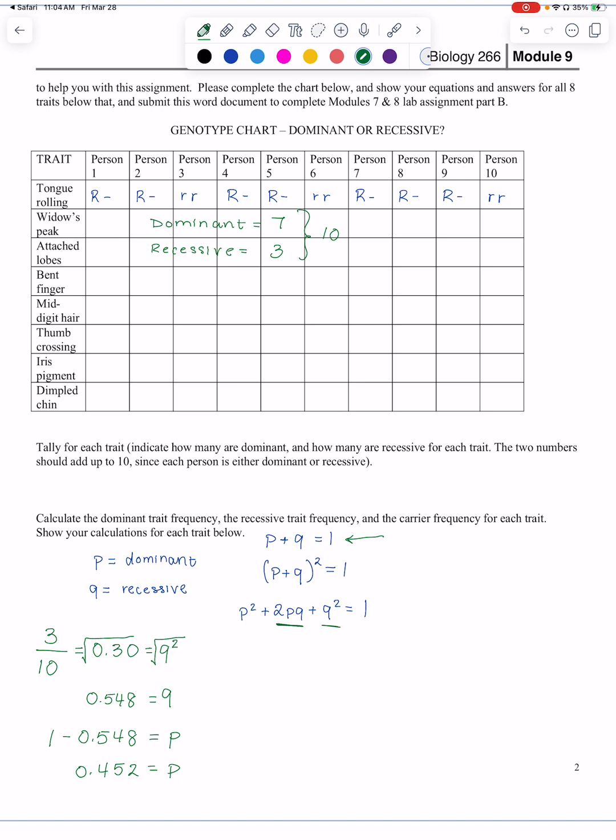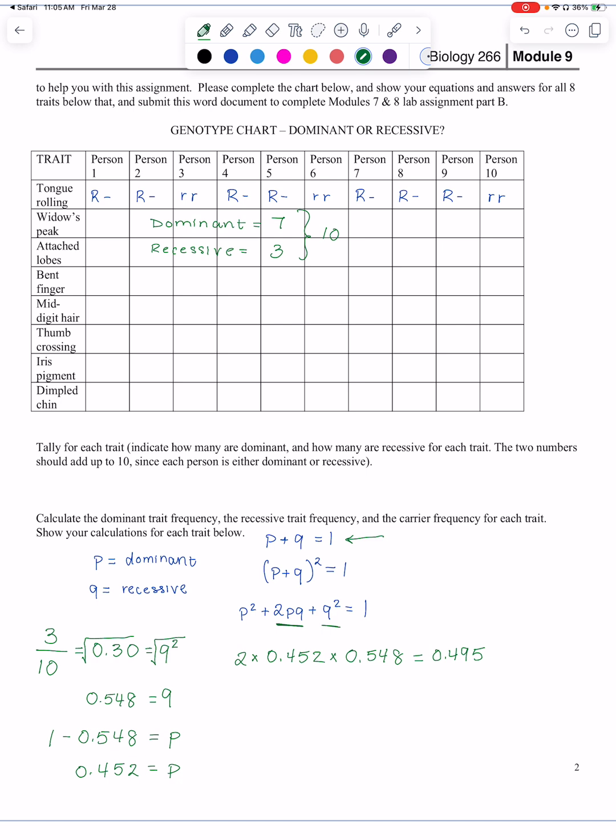So if I were to take this equation, I could say 2 times our p value, which is 0.452, and then multiply that times our q value, which we know to be 0.548. That is going to give us the percentage of 0.495. Now, don't worry, I have done these calculations beforehand. I'm not just doing this in my head.